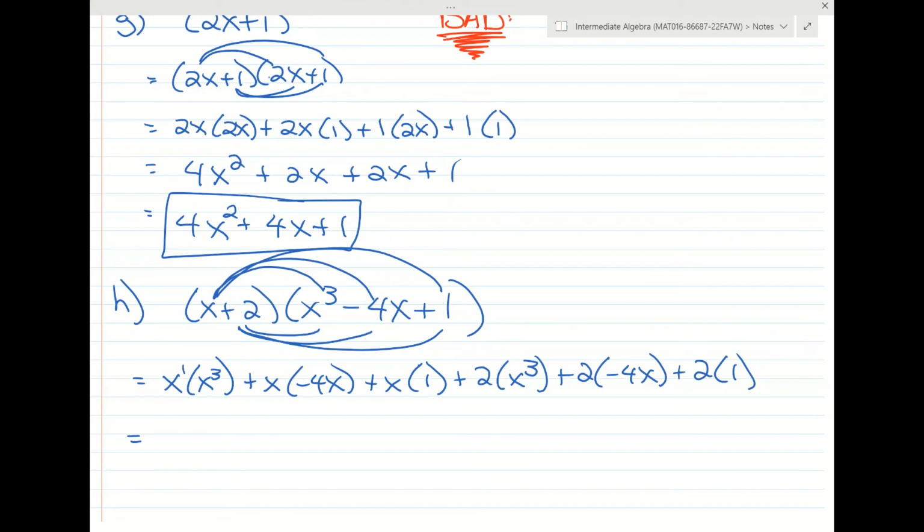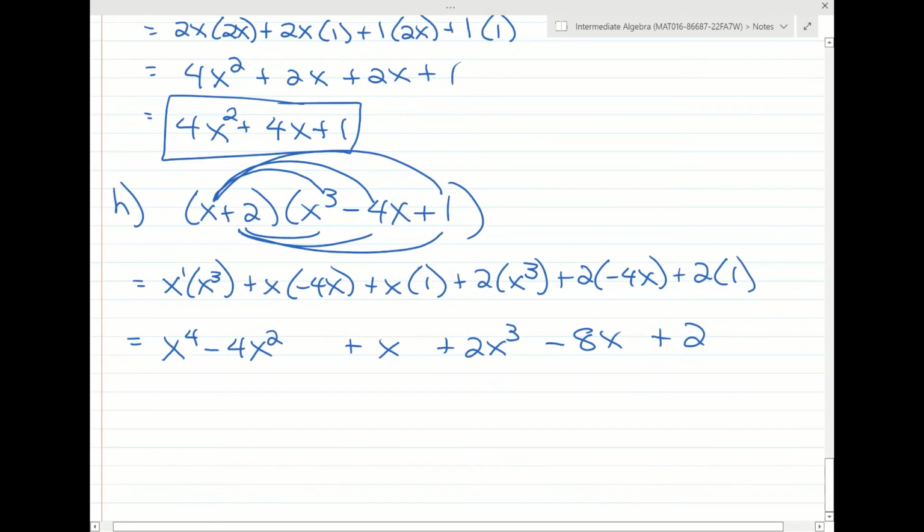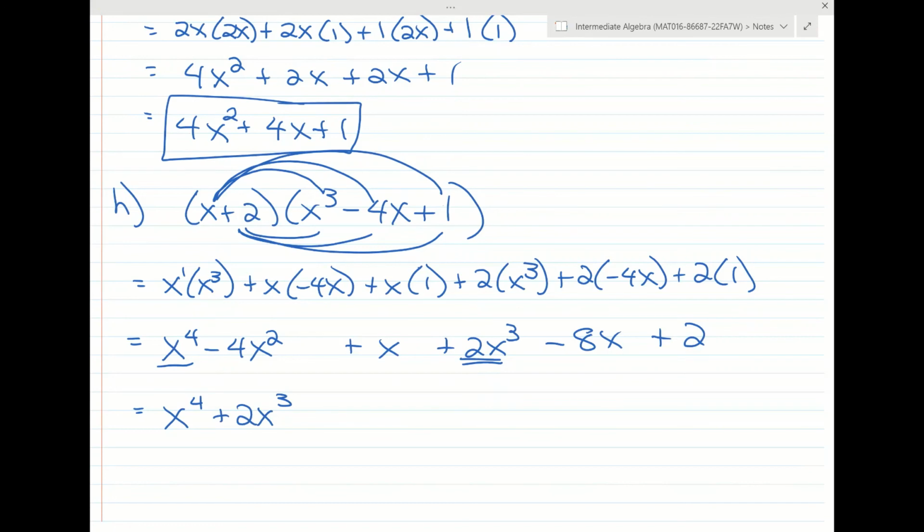This will be 1 plus 3, so x to the fourth minus 4x squared plus x plus 2x to the third minus 8x plus 2. And then just combine like terms, and we want to put our powers in descending order. So x to the fourth is the biggest, then we have x to the third, and we have x to the second, then we have our x, and then the 2.